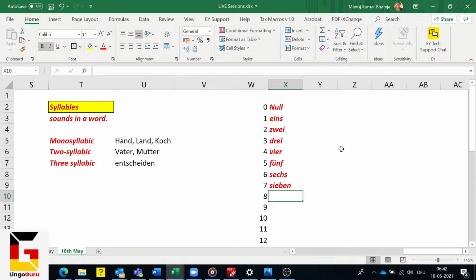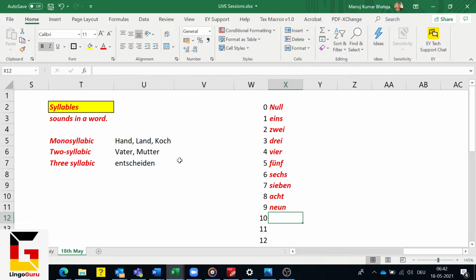We have only one. Sieben is two syllabic. Two sounds. Sieben. ie is pronounced as E. Sieben. We have acht. Monosyllabic. Acht. Neun. The combination is eu.